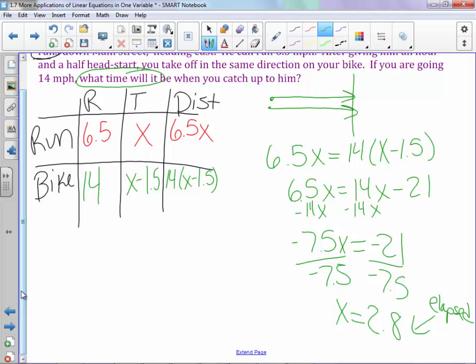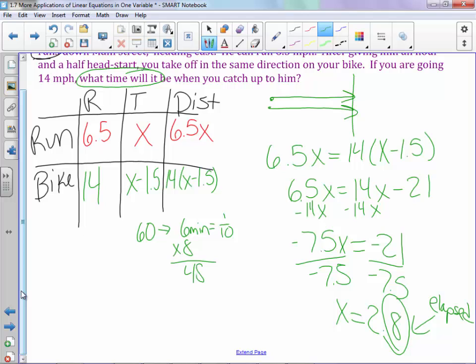First off, we've got to figure out what that 0.8 of an hour is. So, 0.8 of an hour. We need to figure out what a tenth of 60 minutes is. A tenth of 60 minutes is 6 minutes. Well, we need 8 of these.